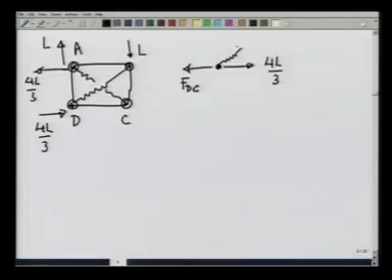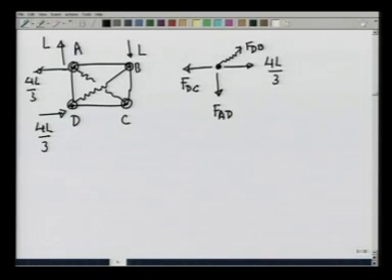I mean, the rope can exist only under tension, not under compression. So, it will not support a compressive force. So, it can apply only a force in this direction, let us call it F D B, and there is a vertical force due to rod F A D.